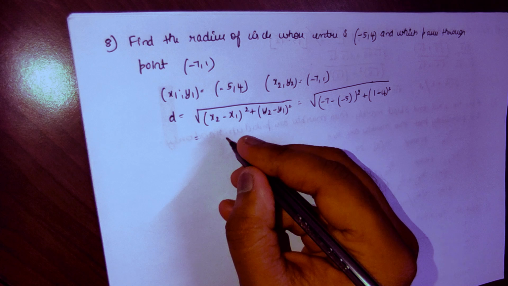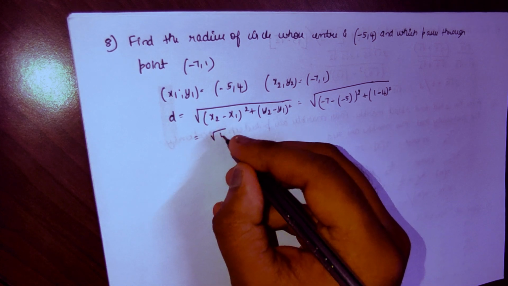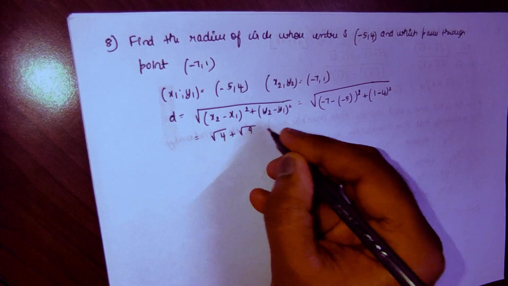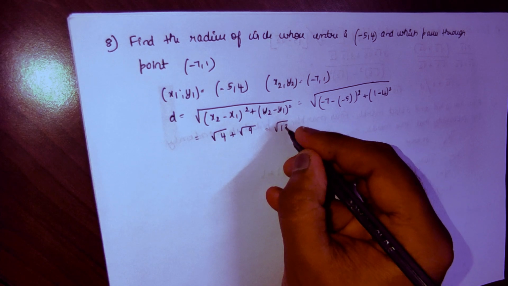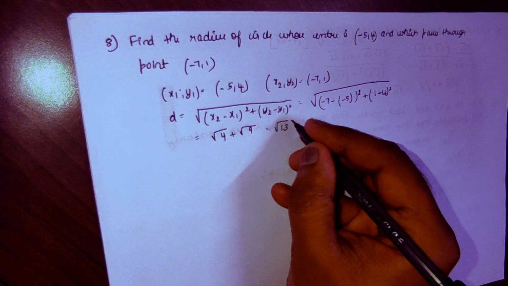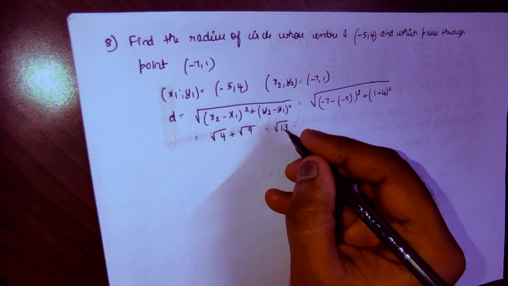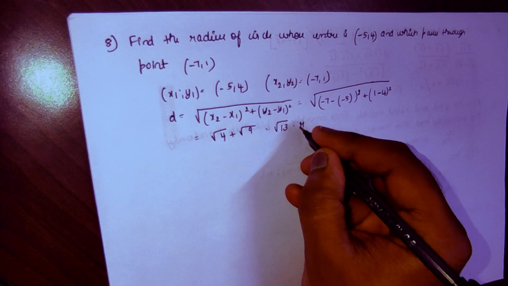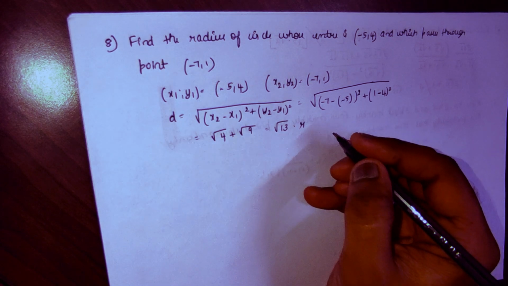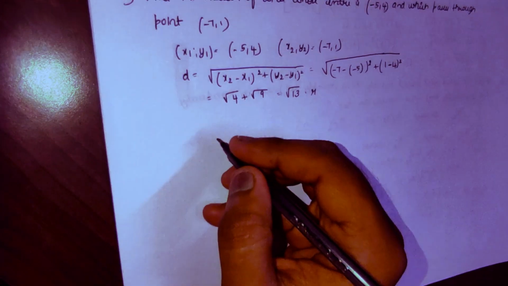That gives us the answer root 4 plus 9, that is equal to root 13. Radius is root 13. This is the value of r. That itself is the distance. Let us move into the 9th question.